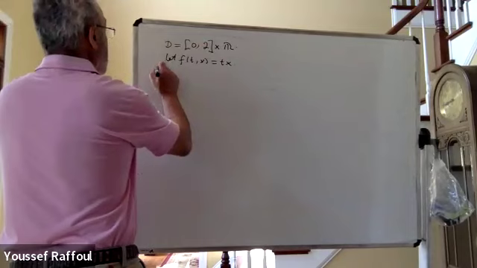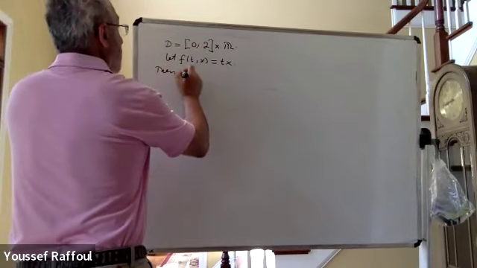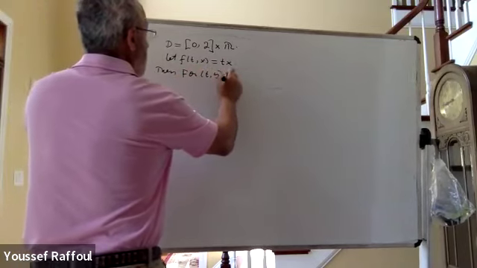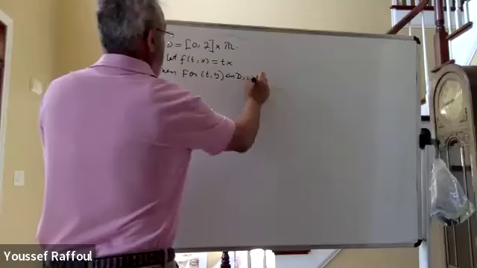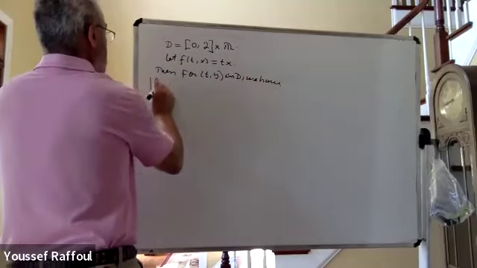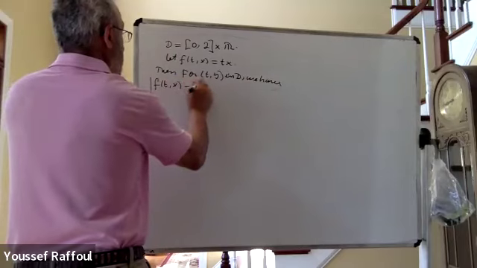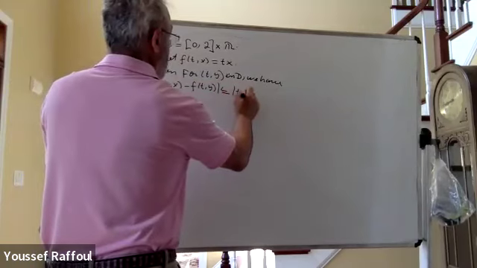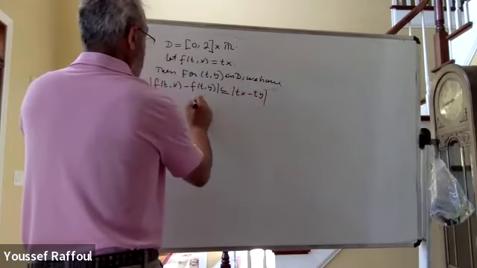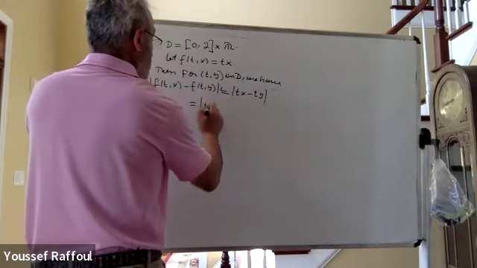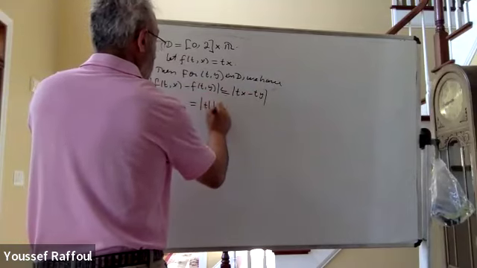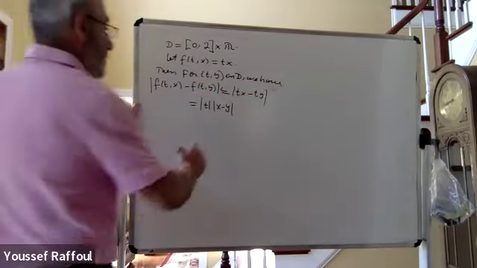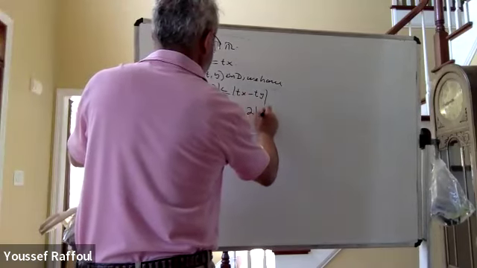Then for (t,x), (t,y) in D, we have |f(t,x) minus f(t,y)| equal to |tx minus ty|, that is equal to t times |x minus y|, and this is less or equal to 2 times |x minus y|.